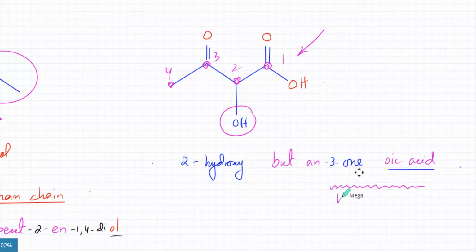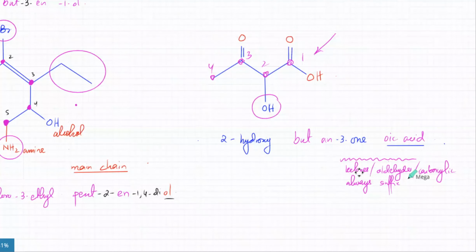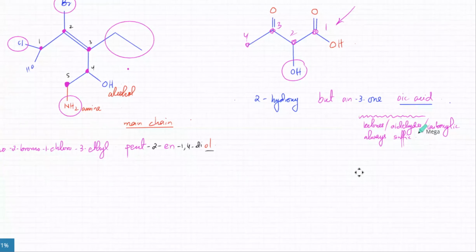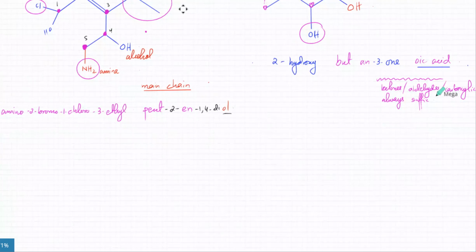Remember this thing, that ketones, aldehydes, and carboxylic acids, they are always suffixes. So you'll end up having multiple suffixes. So is this clear? Clear, Mikal, is this clear? Yes, it's clear.